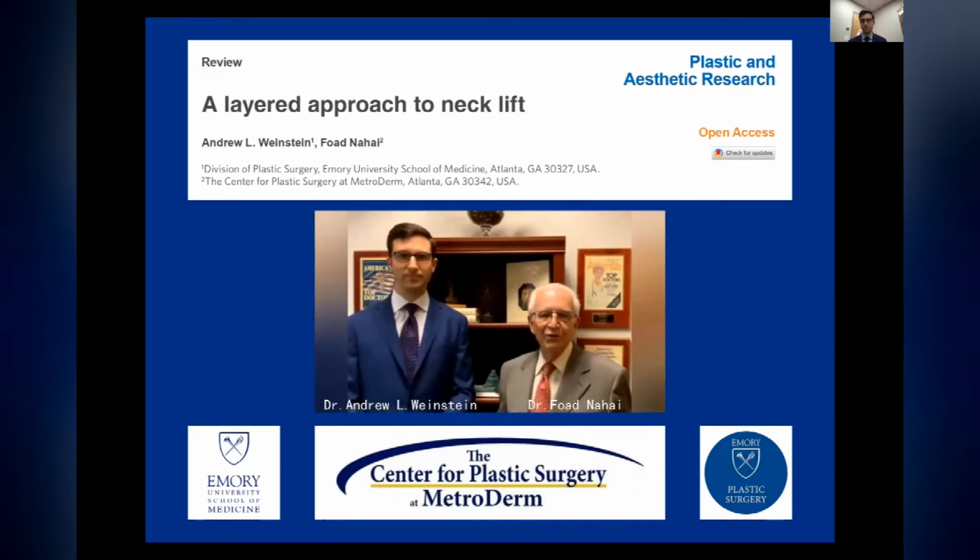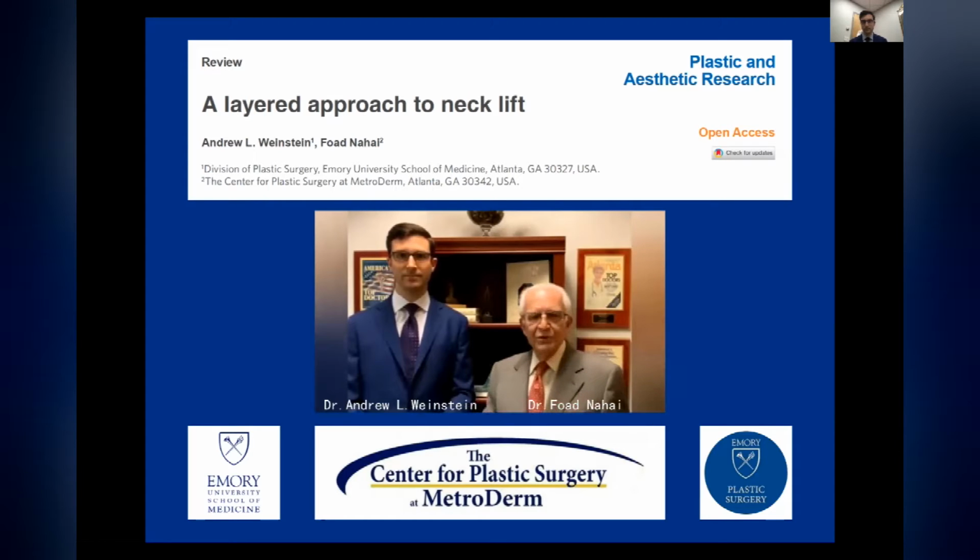Long before I wrote about the layered approach in the first edition of The Art of Aesthetic Surgery, I had been practicing it. Given my interest in anatomy and interest in neck and facelift, I realized that there are 3 layers to the neck: the skin and subcutaneous tissues, the platysma, and the structures deep to the platysma, including the digastric, subplatysmal fat, submandibular gland.